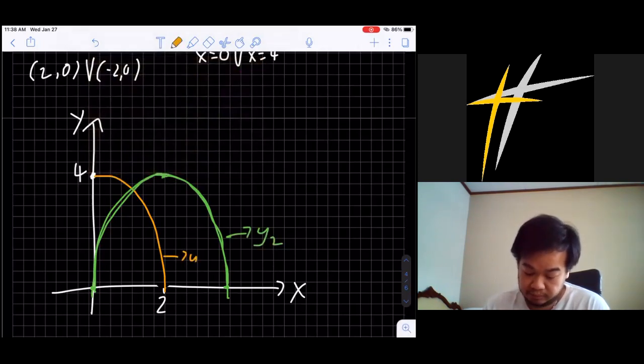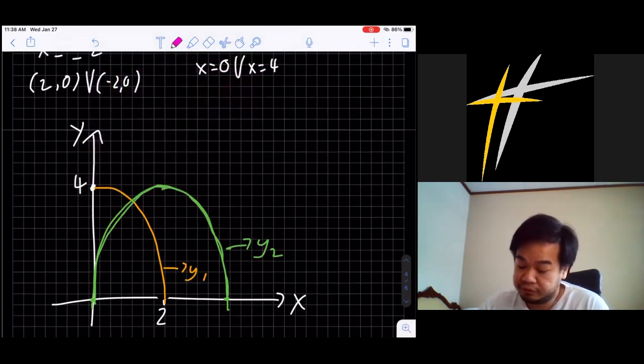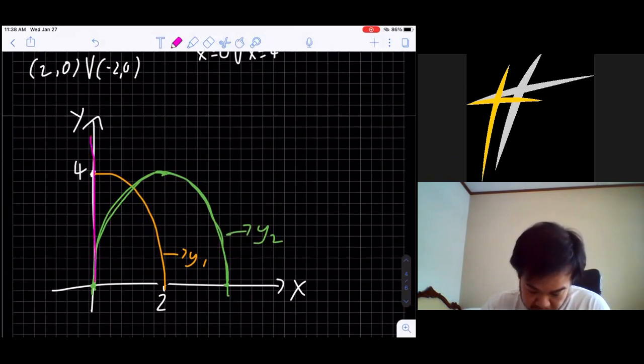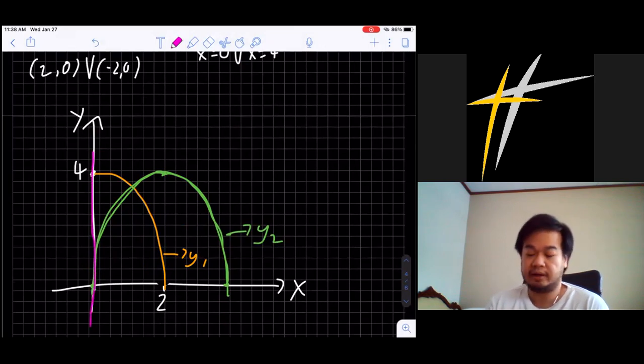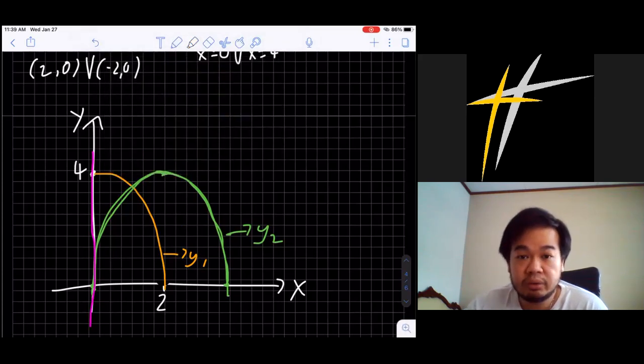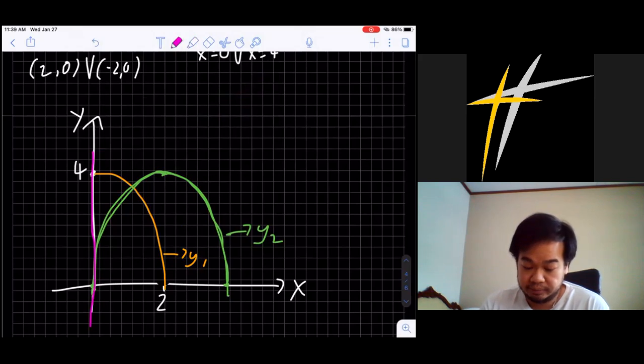Now, this is y2 and this is y1. And then another boundary is the first quadrant and the y-axis, so this is your y-axis. Now to determine the area that we want to find, all of the boundaries must be met. So it's not this one.